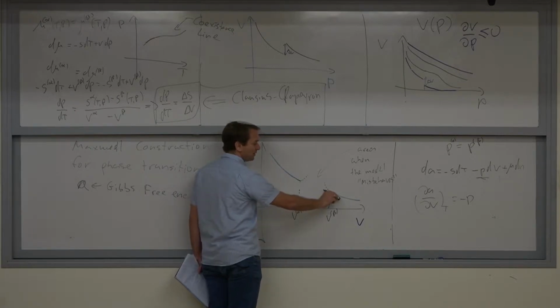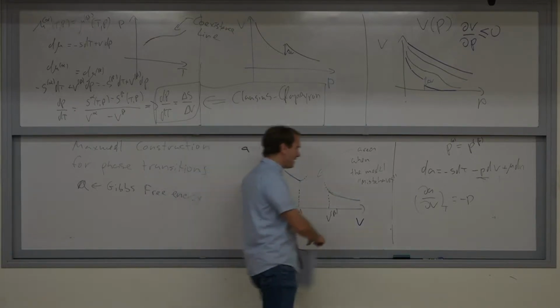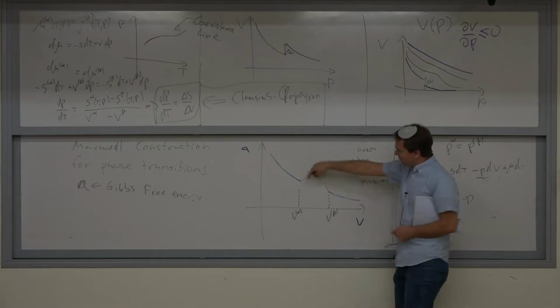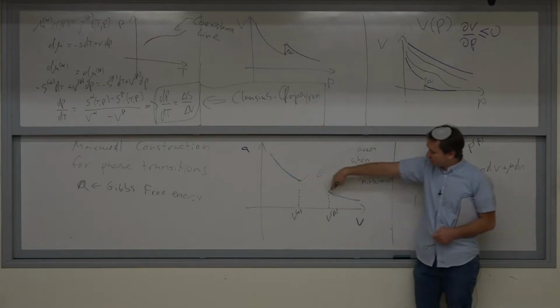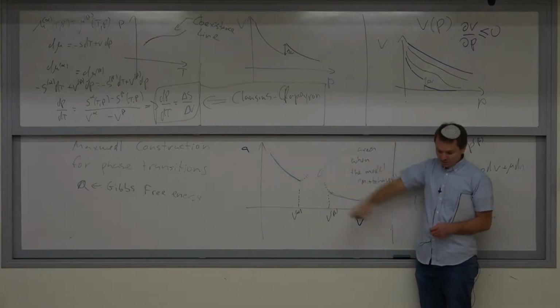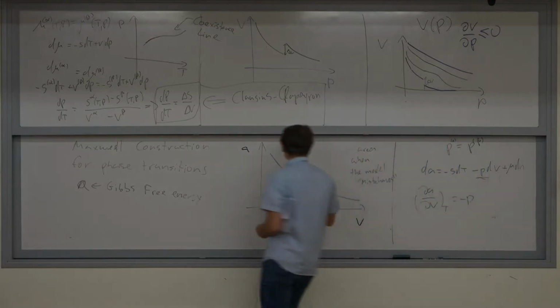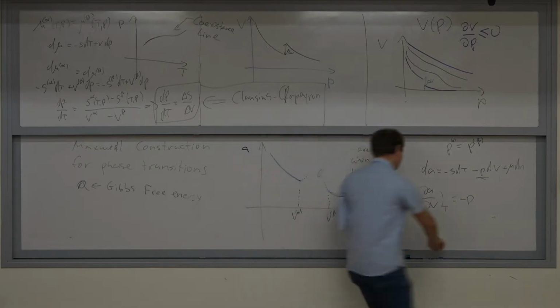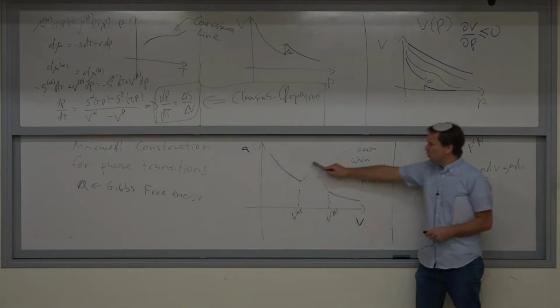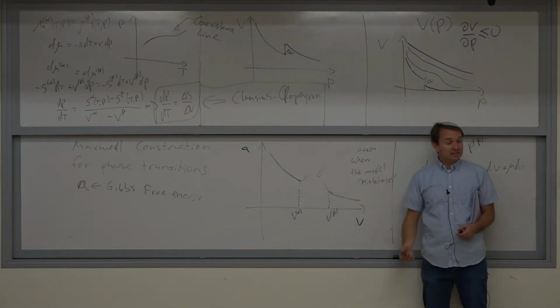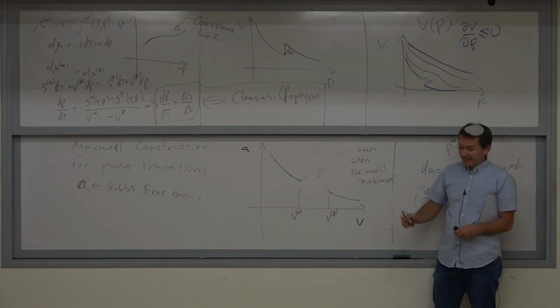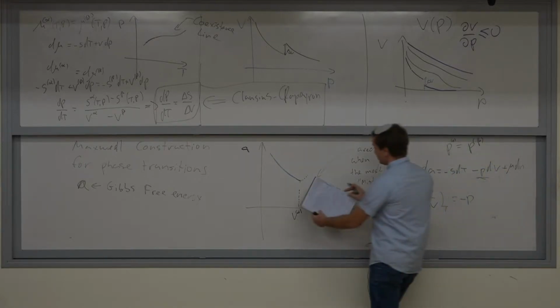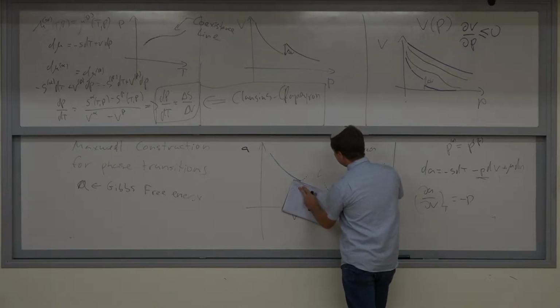So the slope here is minus P. The slope over here is minus P. So if I have a phase transition, here the phase transition starts, here the phase transition ends. The slope here should be constant and equal to the slope over here. So instead of going into a continuous description, which is basically wrong, what should I do exactly at the phase transition? Or how would they define a phase transition?